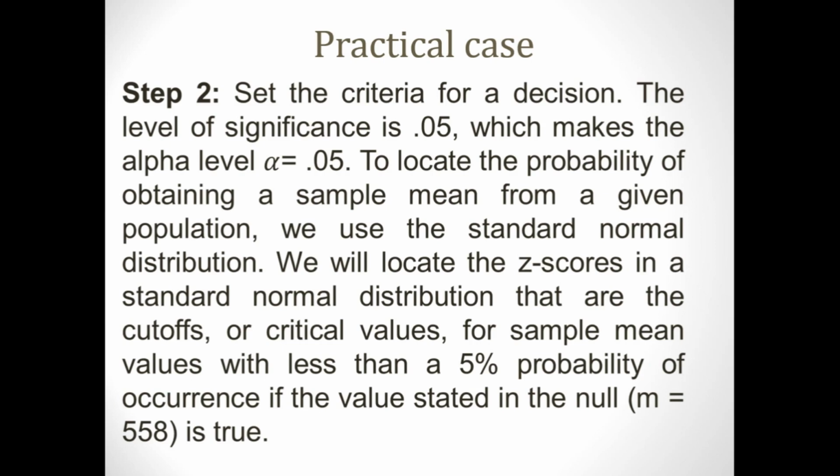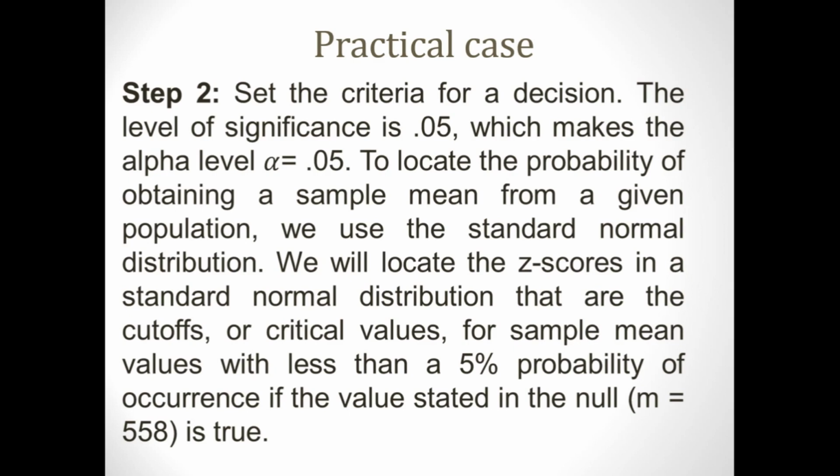Step 2 set the stage for making a decision because the criterion is set. The probability is less than 5% that we will obtain a sample mean that is at least 1.96 standard deviations above or below the value of the population mean stated in the null hypothesis.